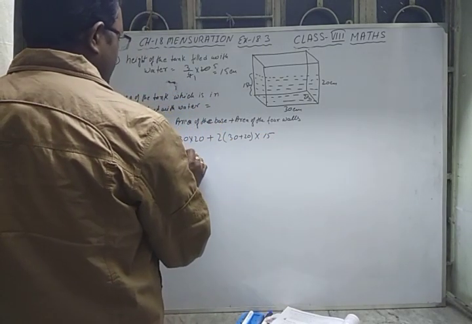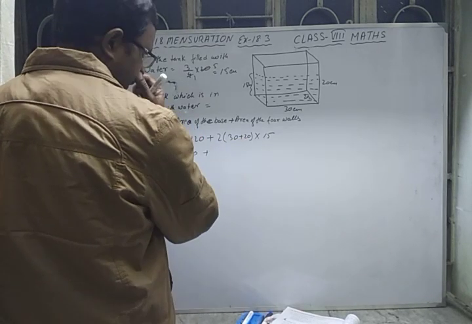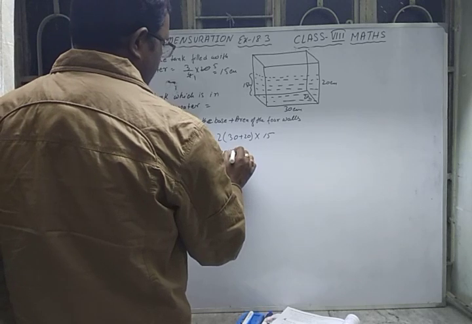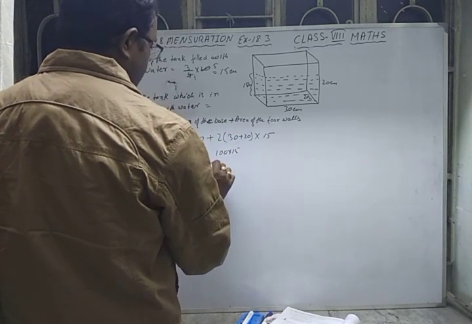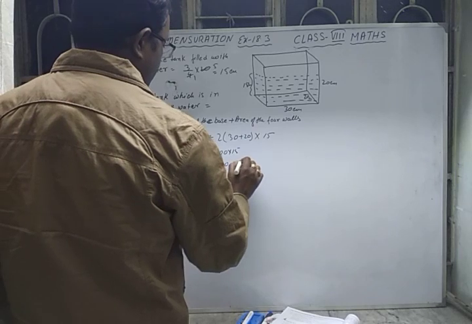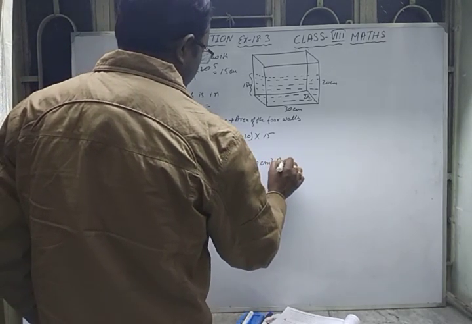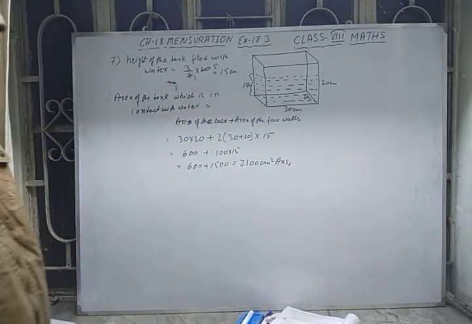So 30 into 20 is 600, plus 2 into 50 into 15, that is 100 into 15. So this is equal to 600 plus 1500, that is equal to 2100 centimeter square. This is the area of the tank which is in contact with water.